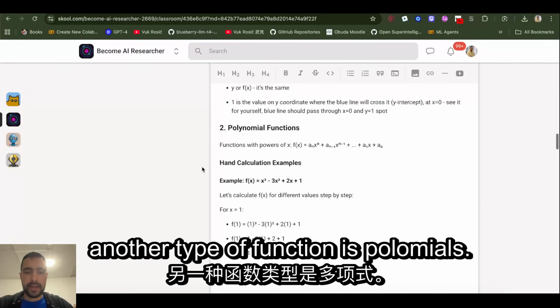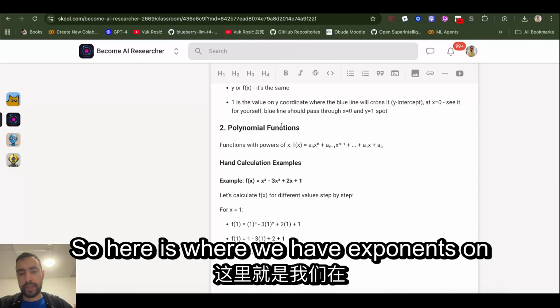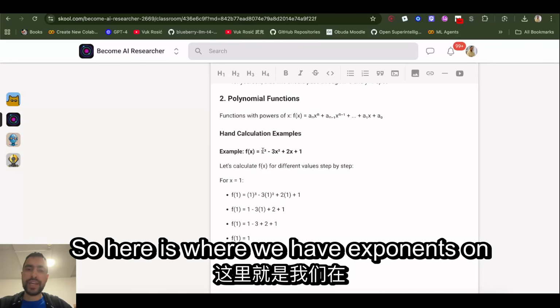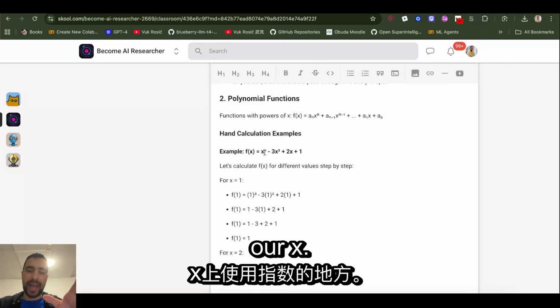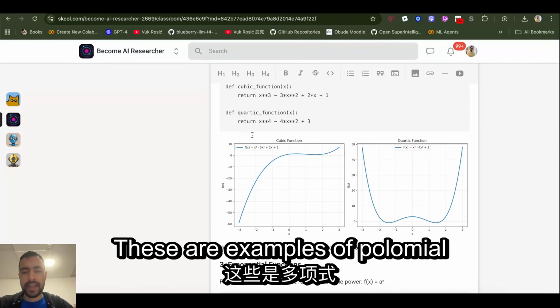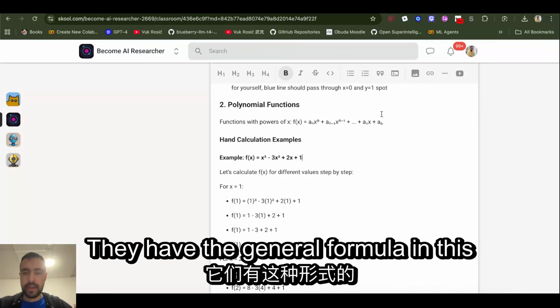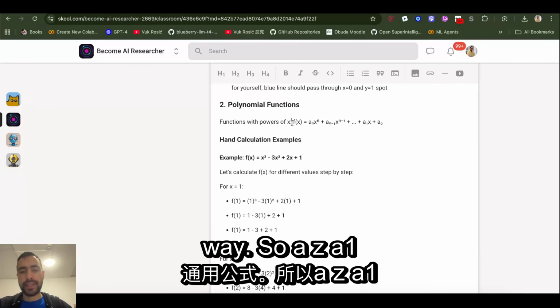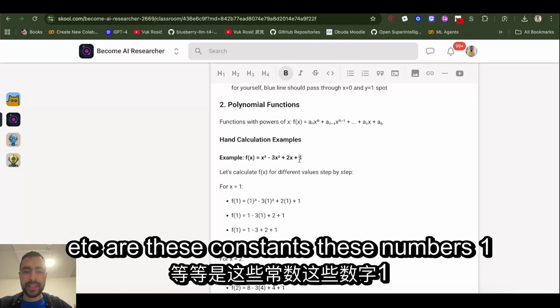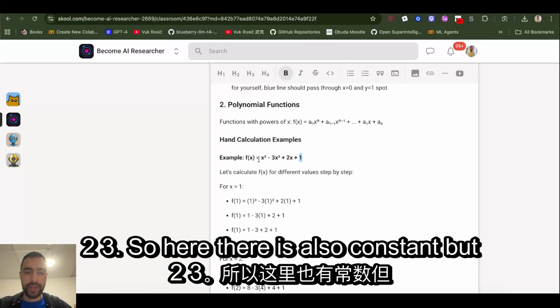Okay, another type of function is polynomial. So here is where we have exponents on our x. These are examples of polynomial functions, so they can be very curvy. They have the general formula in this way. So a0, a1, etc. are these constants, these numbers, 1, 2, 3.